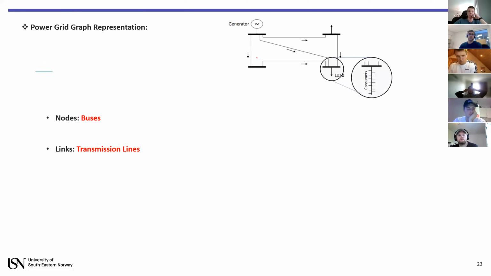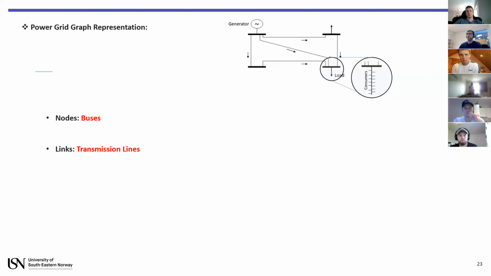So you can see here, it's a very simple diagram of a power system. These black ones, we call them buses. They are equivalent to nodes in circuit analysis. And these are the links or branches in circuit analysis, but we call them transmission lines. And we consider impedance for them: resistor, inductor, capacitor.